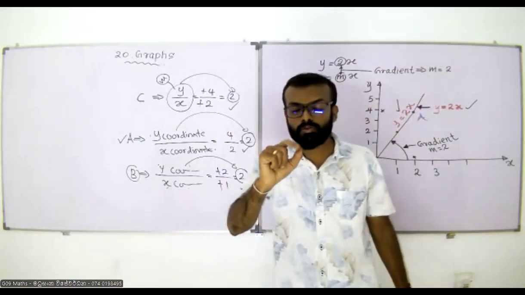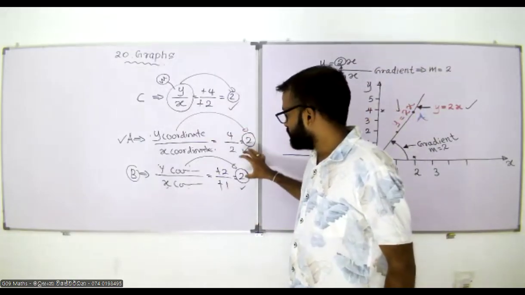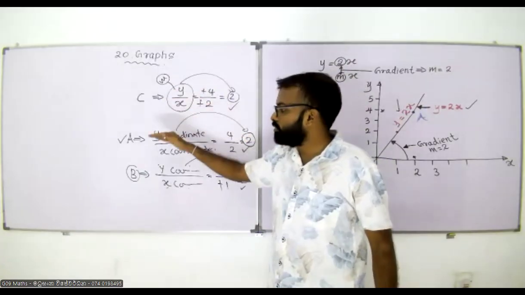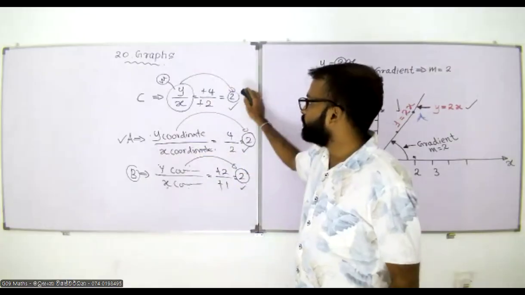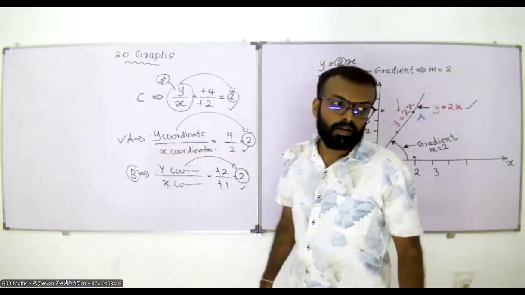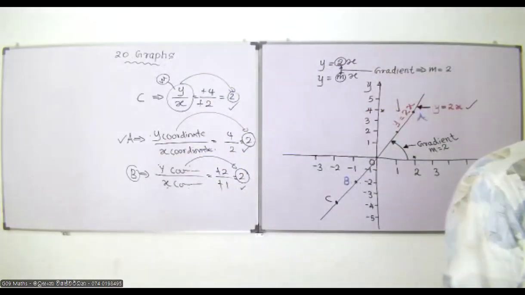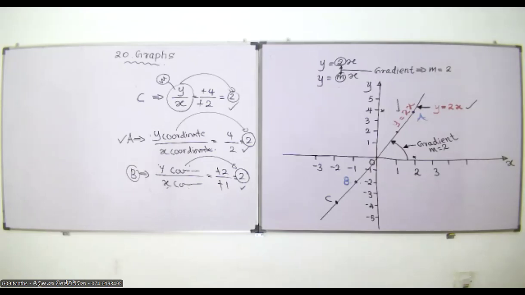But I have given you this ratio is constant everywhere if you take any point on the line. Right? So let's write down the characteristics of the above graph.